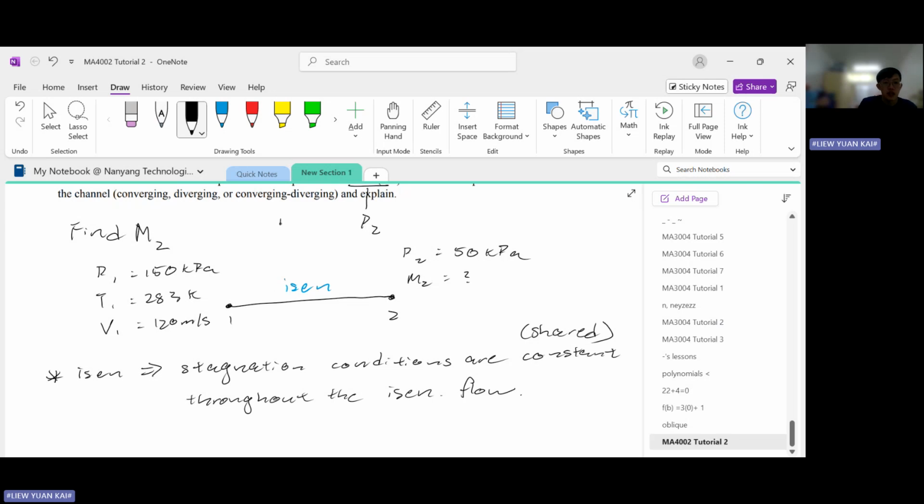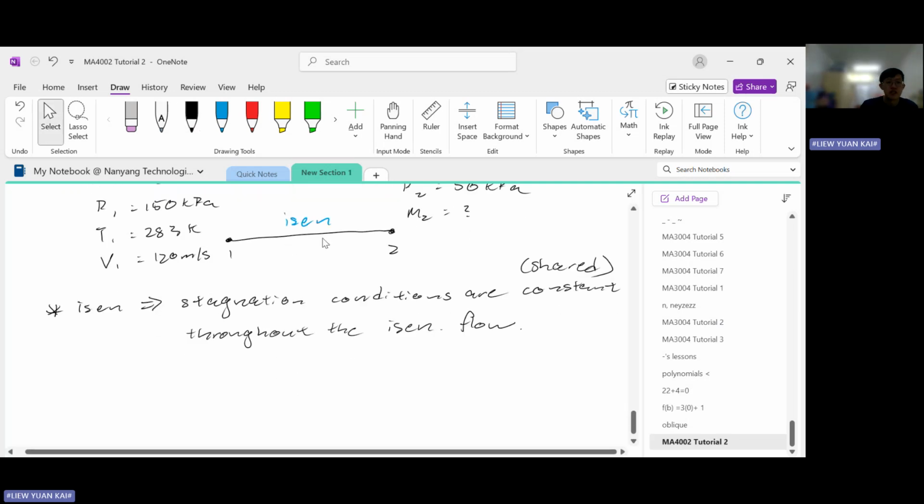It means that the P naught for point 1 is equal to the P naught for point 2. Likewise, the T naught for point 1 is equal to the T naught for point 2. What else? The rho naught for point 1 is equal to the rho naught for point 2. So this is what I mean by the stagnation conditions are shared. The T naught, P naught, rho naught, whatever naught, for point 1 is exactly the same for point 2. So that is a special feature about isentropic flow.